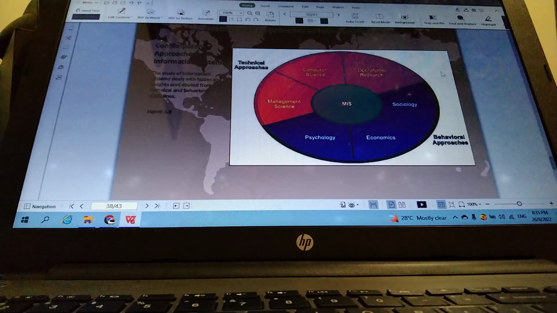What you see in the next slide is contemporary approaches to information systems, where you can see all the details in terms of technical approaches and behavioral approaches. In terms of technical, definitely it is very much on the IT team, in terms of management science, computer science, operational research and so on. That is more to MIS.